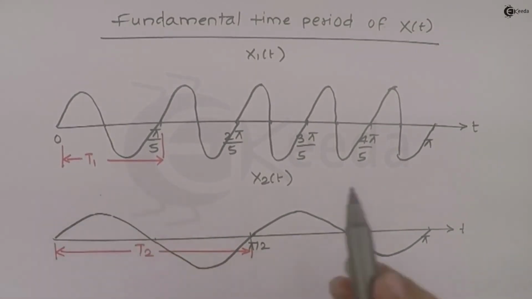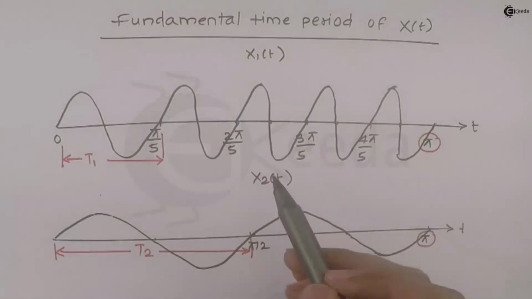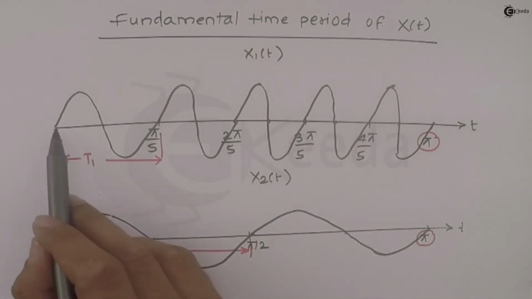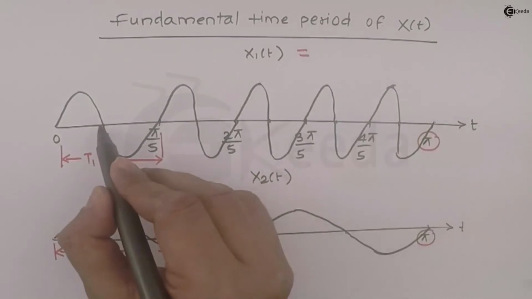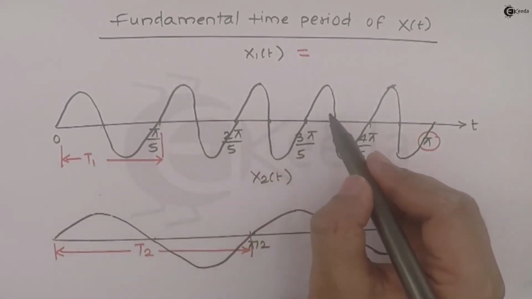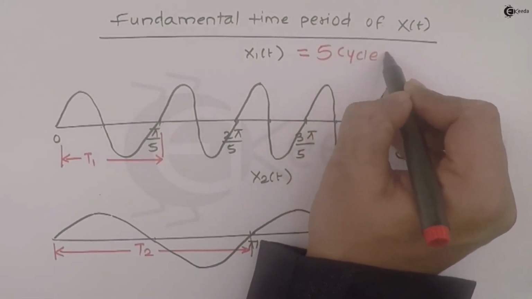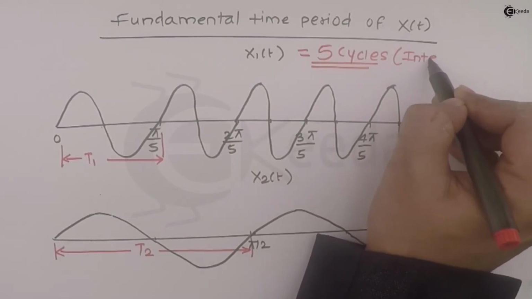So what is happening? Pi is that interval of time where x1 and x2 both are completing their integer cycles. During the pi interval, x1(t) will complete 1, 2, 3, 4 and 5 cycles, which is an integer.